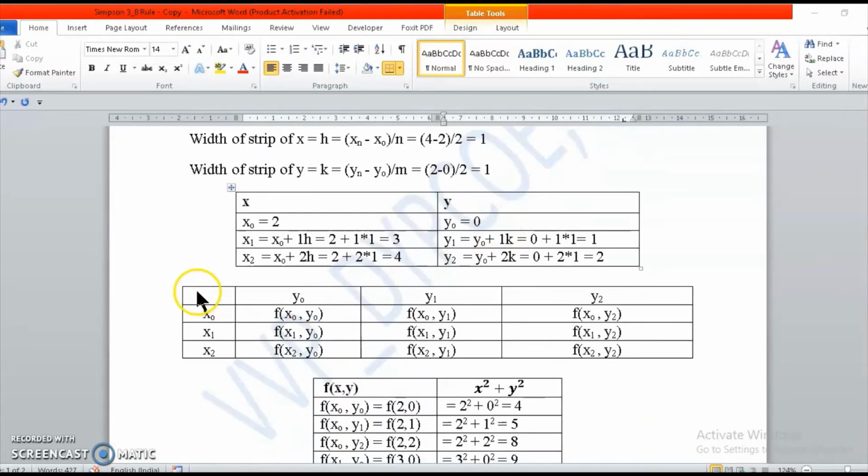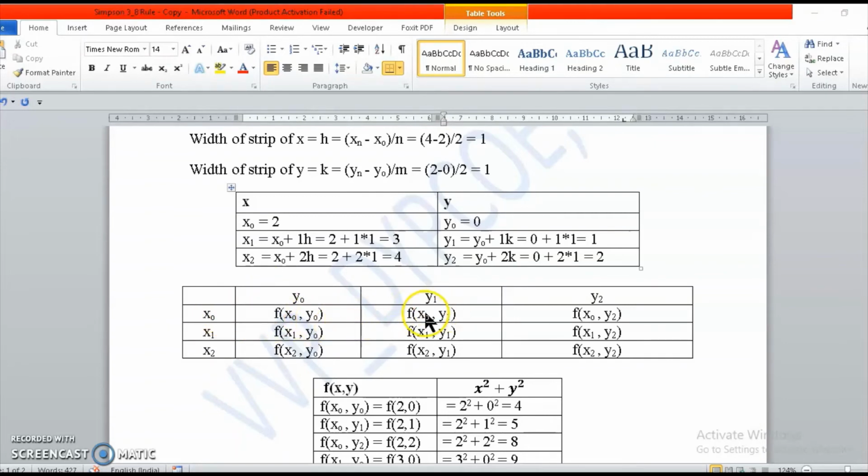Now next we have to prepare one table which consists of the values of x0, x1, x2, y0, y1, y2. And then here I have written f of x0, y0. Why have I written f of x0, y0 here? Because when you see this cell of the table, x0 and y0 are intersecting.